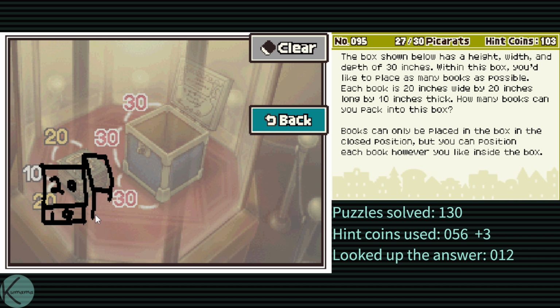So that's a 10 and a 10. And then another one maybe like a 10. That's 30. This is as wide as this gets. And then another 20 up top.